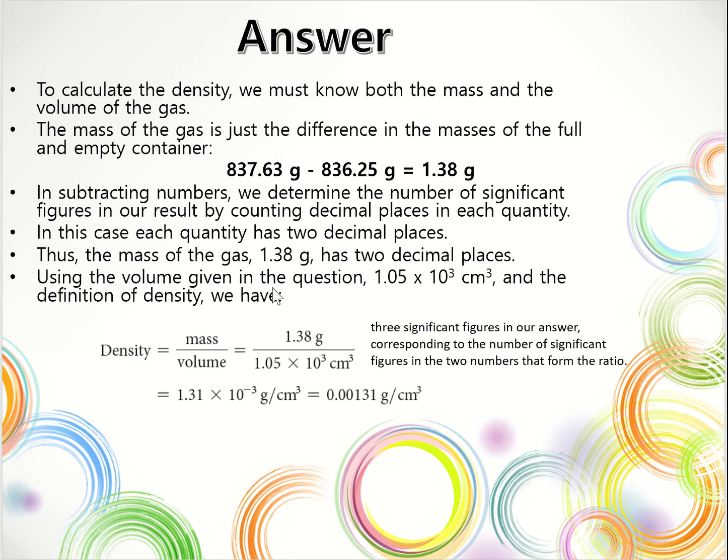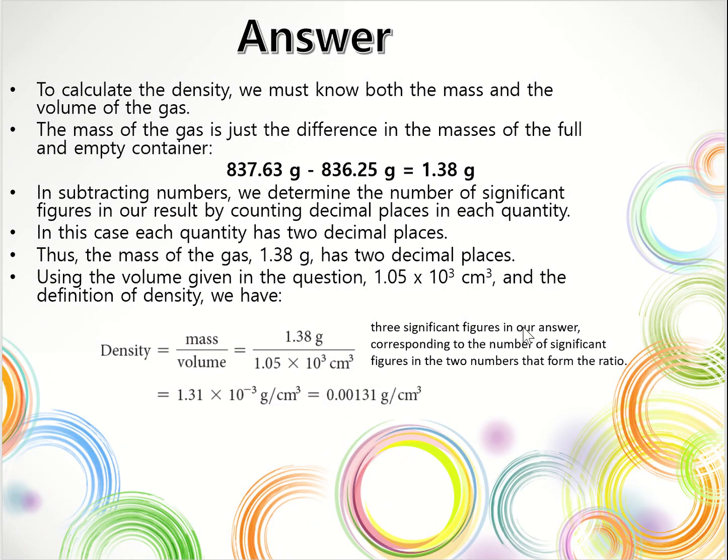So using the volume given in the question and the definition of density, which is mass per unit volume, we divide the 1.38 grams by the volume of the gas given, and we get this value here, which is three significant figures.